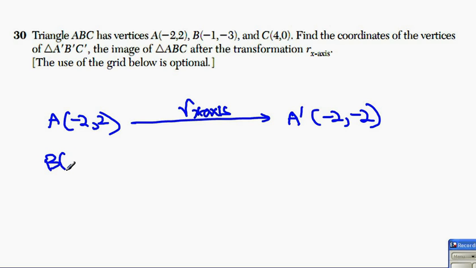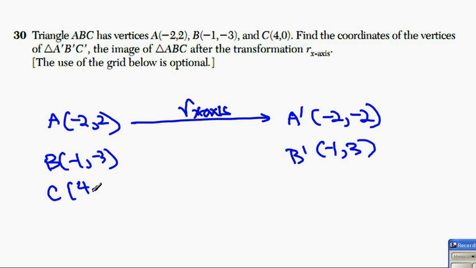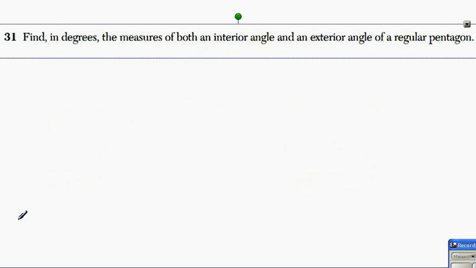Now B is -1, comma -3. B prime: X stays, Y gets negated, so 3. Now C, which is 4, comma 0, C prime in fact still becomes 4, comma 0, because we cannot negate 0. And I guess that's it. Alright, let's move on.